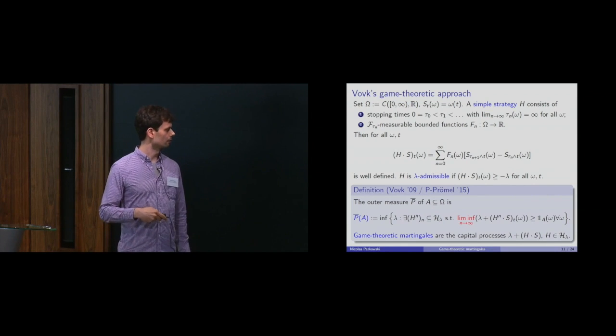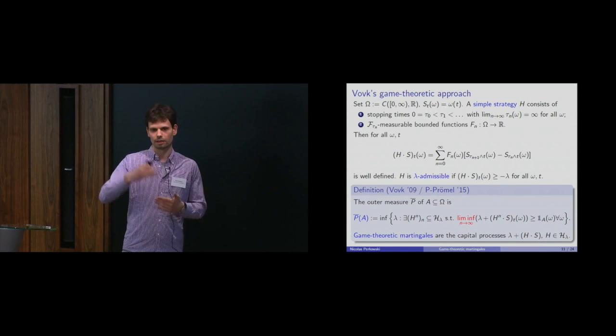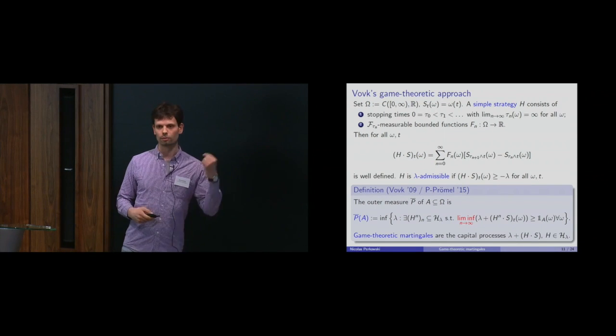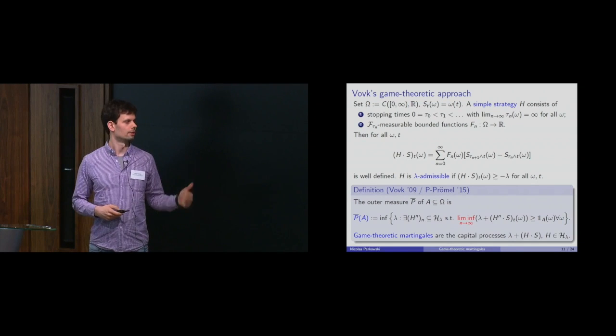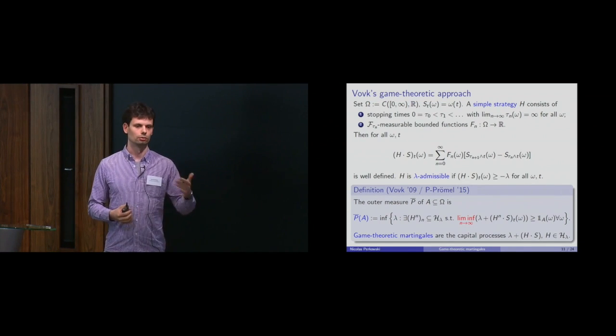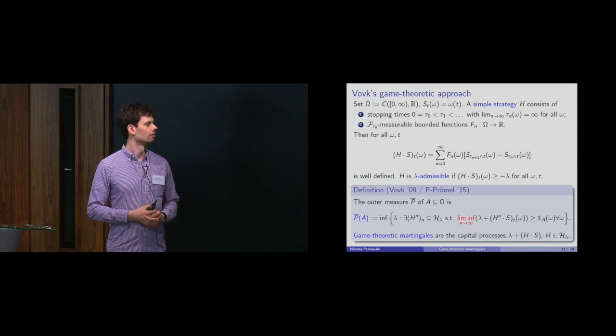Then we define the outer measure as the smallest lambda, ignore the lim inf for now, for which there exists a strategy which is lambda admissible, so that if I start with lambda and I invest in this strategy, then in the end I get at least 1 pound whenever I'm in the set A. And if I'm not in the set A, well, I still have at least 0. So I didn't lose more than the lambda I started with.